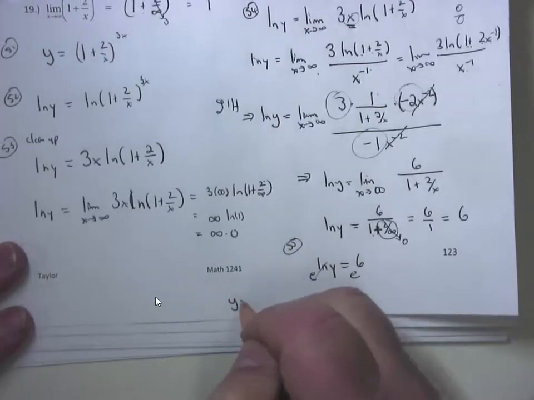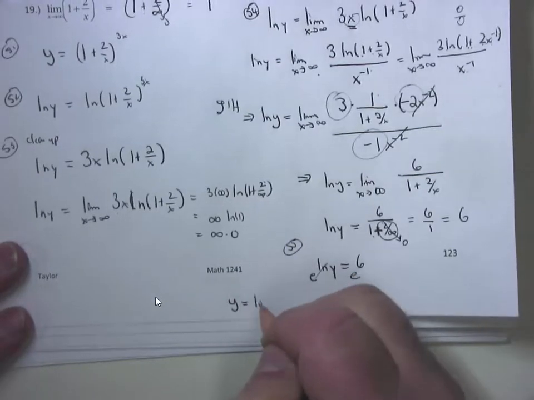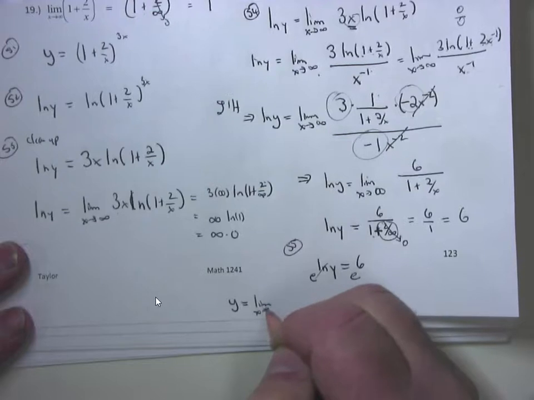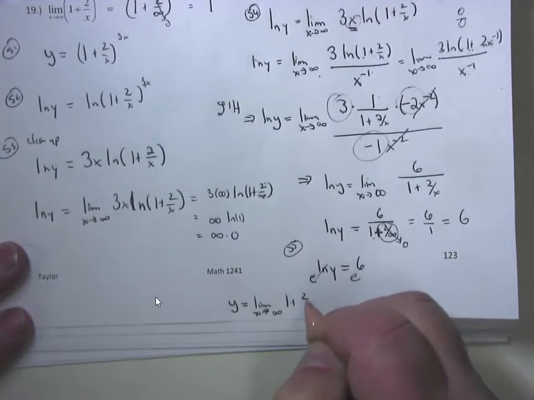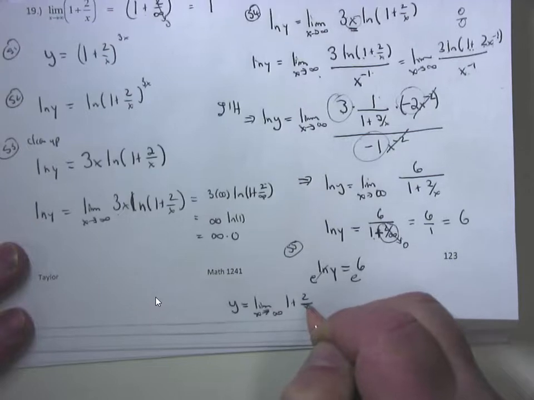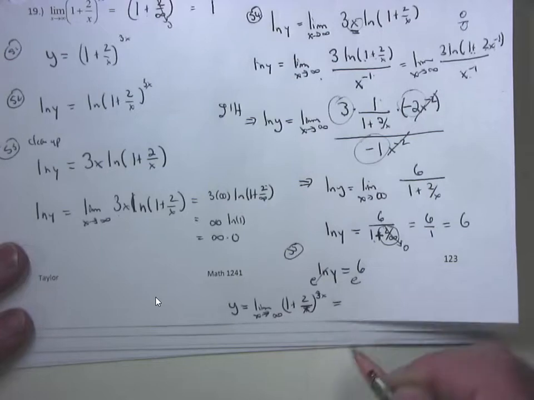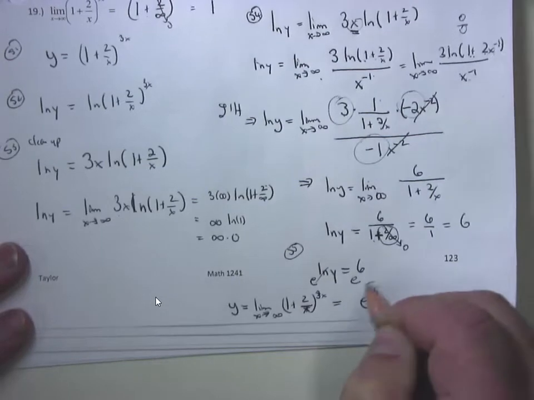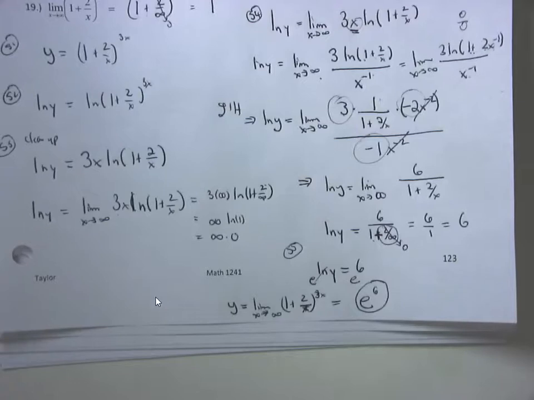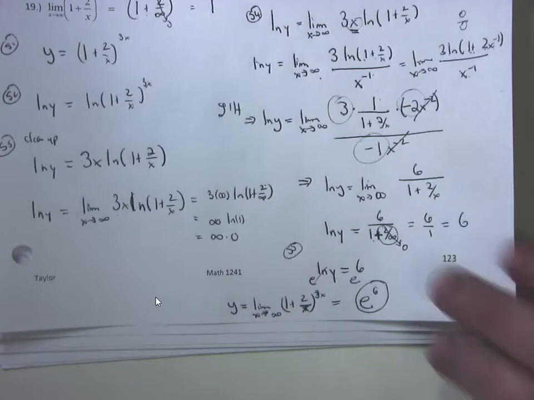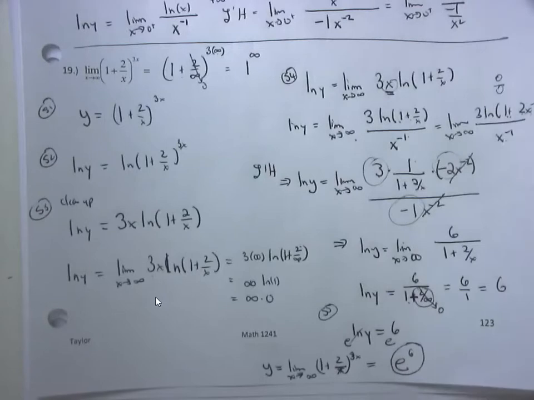So you get y, which was equal to the original problem, the limit as x approaches infinity of 1 plus 2 over x raised to the 3x, actually equals e to the 6th power. Does that make sense? So, to answer the $64 question, what is 1 to the infinity? Clearly, it's e to the 6th.